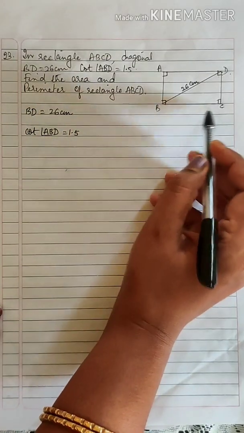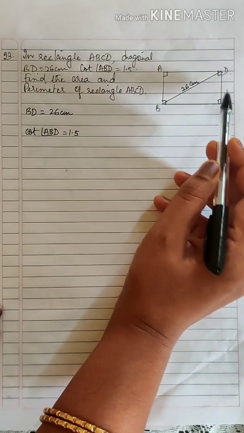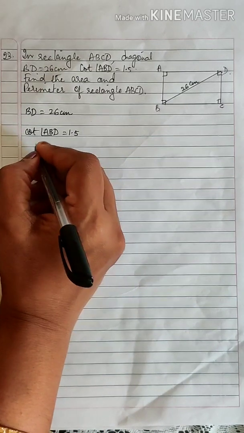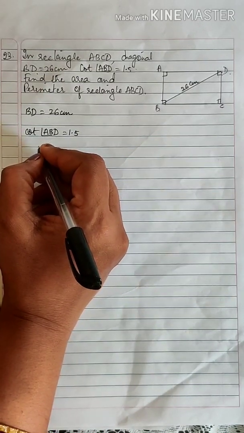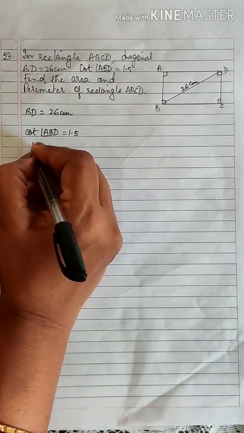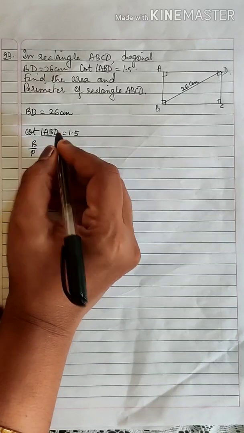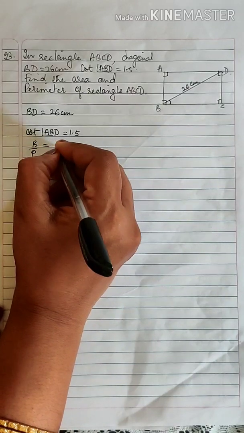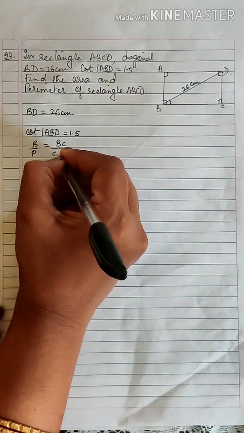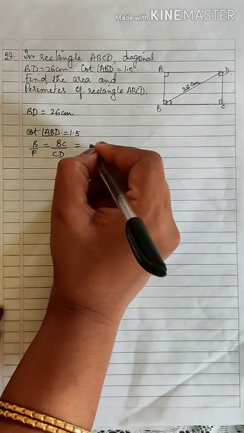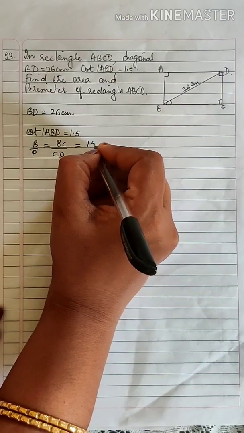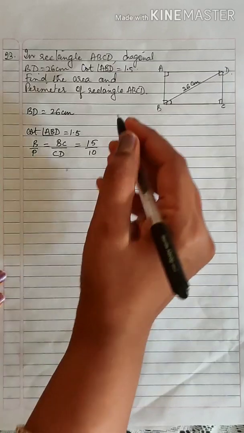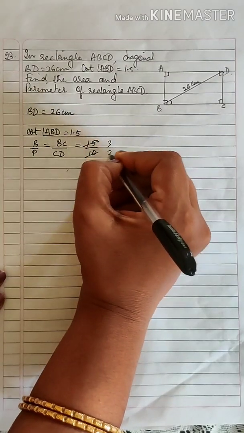Now here I will use the triangle BCD, right angle at angle C. Now cot of angle ABD, you know the ratio for cot is base upon perpendicular. Now with reference to angle B, the base is BC and the perpendicular is CD, which is equal to 15 upon 10. 1.5 can be written as 15 by 10. 5 3s are 15, 5 2s are 10.